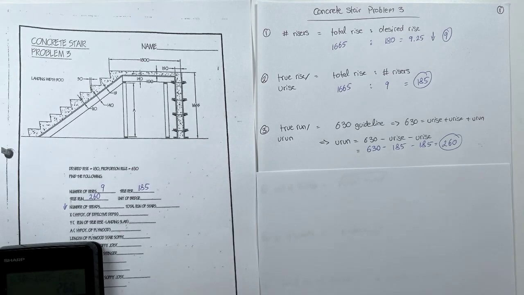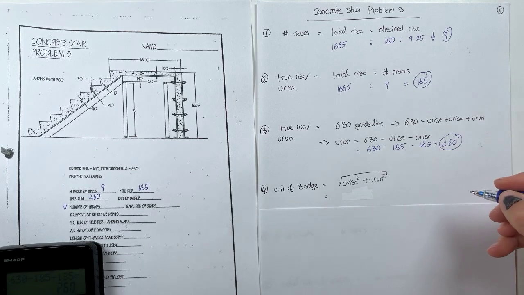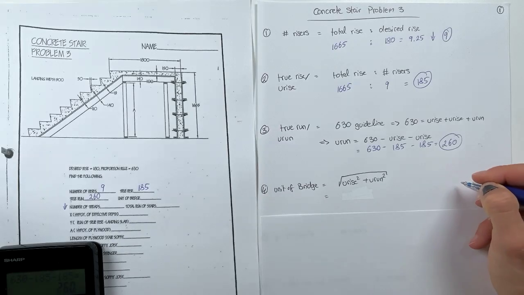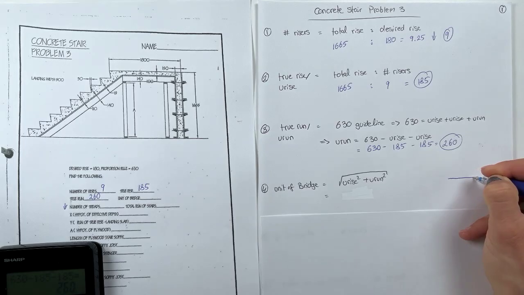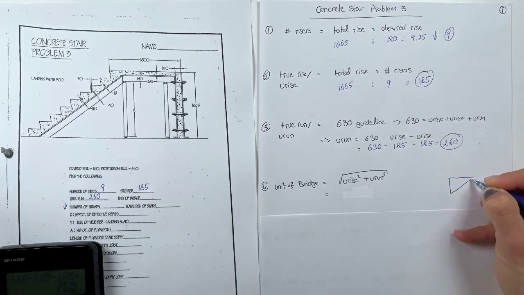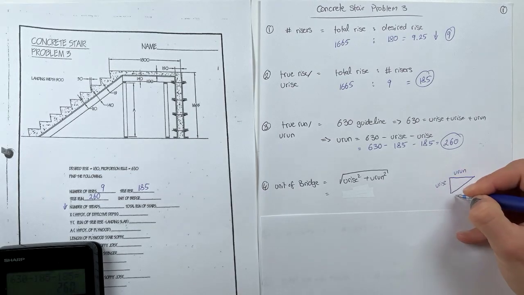Excellent. Now the unit bridge. The unit bridge is the Pythagorean theorem. In our triangle, however you want to draw this, it doesn't really matter, we have our unit run, our unit rise, and our unit bridge here.